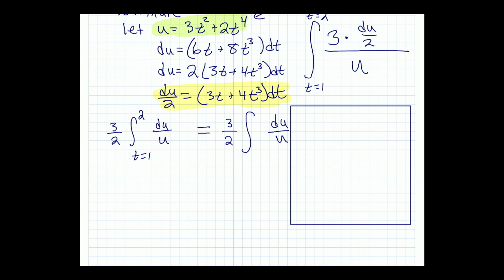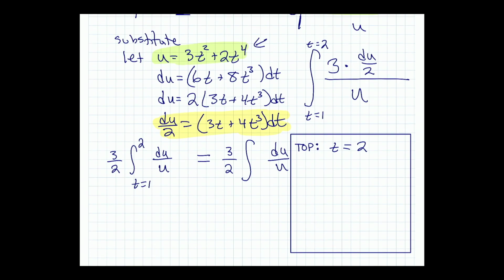So for that, you want to take the limits and change them from t into u. So the top limit is t equals 2, right? But then you have your substitution. Your substitution here says that u is 3t squared plus 2t to the 4th. So you simply substitute this into your u substitution.